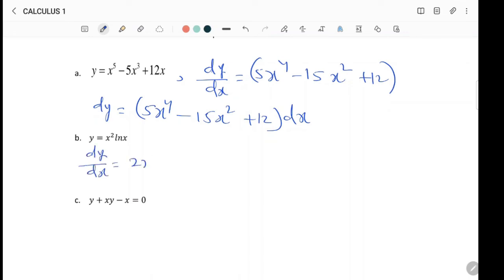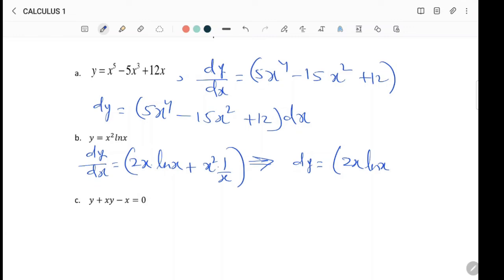dy/dx is 2x ln x plus x^2 times 1/x. So dy is (2x ln x plus x) dx.